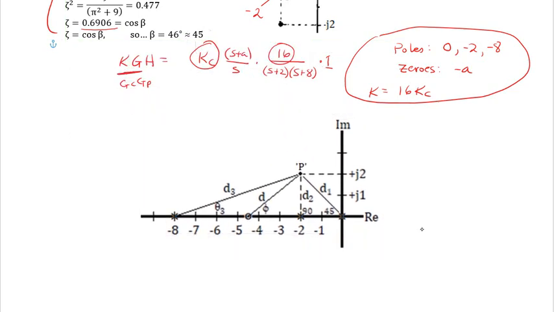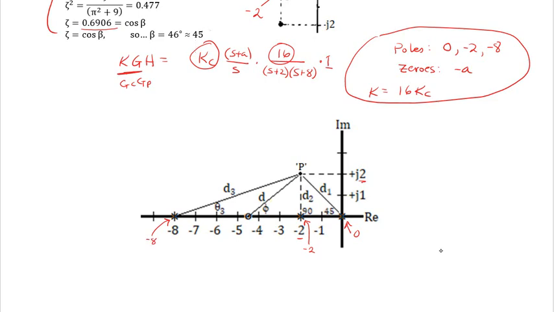There we are. So here's our point P. It's at negative 2 plus j2. We've got a pole at 0, a pole at negative 2, and a pole at negative 8.